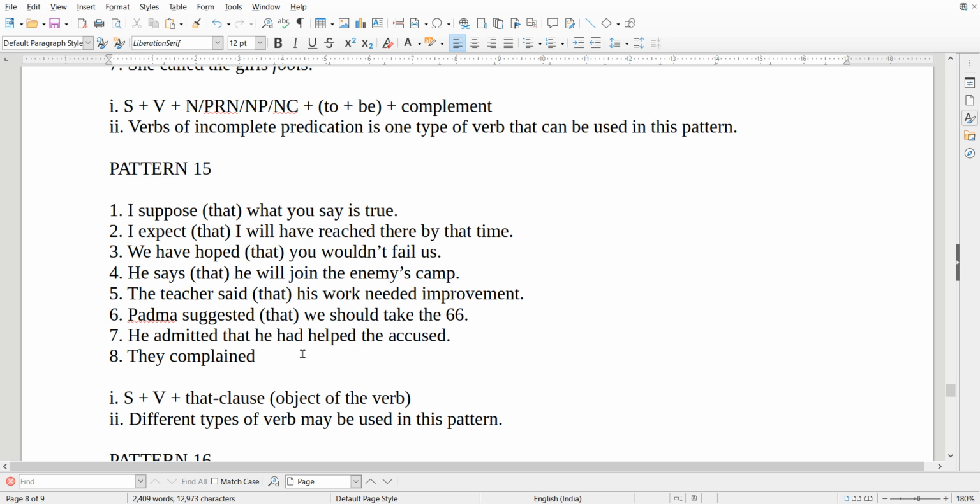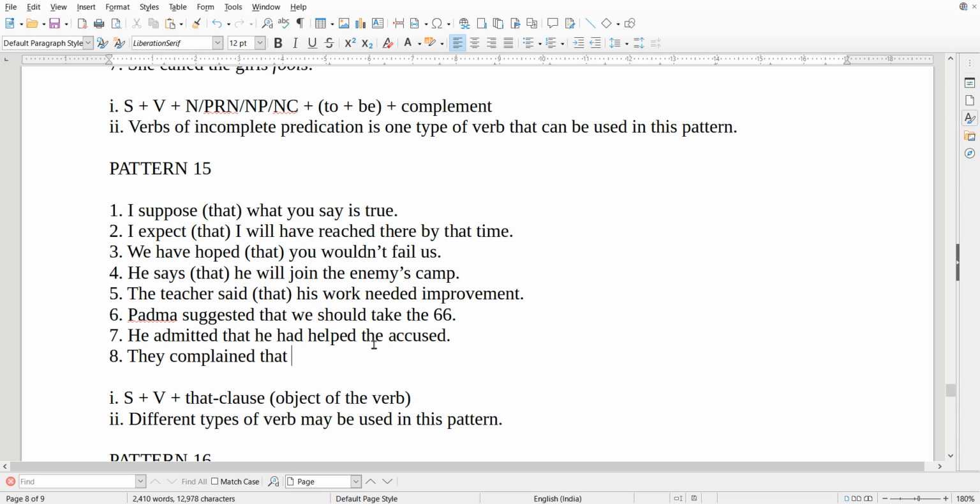They complained that the machine did not work well. With suggested, you should use that. The teacher said he was very busy, that's possible, but with suggested, complained, admitted, generally you should use that.